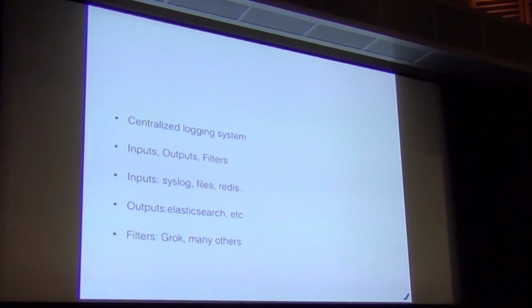Outputs go to either Graphite or Elasticsearch or any number of other things, and you can mutate things in the middle with filters. This is a partial list of the codecs, inputs, filters, and outputs they have. I'm not going to read them. They're on their website. It's really long. Pretty much anything you can think of to put something into the system, there's a way to get it in, and any way you want to get it out.